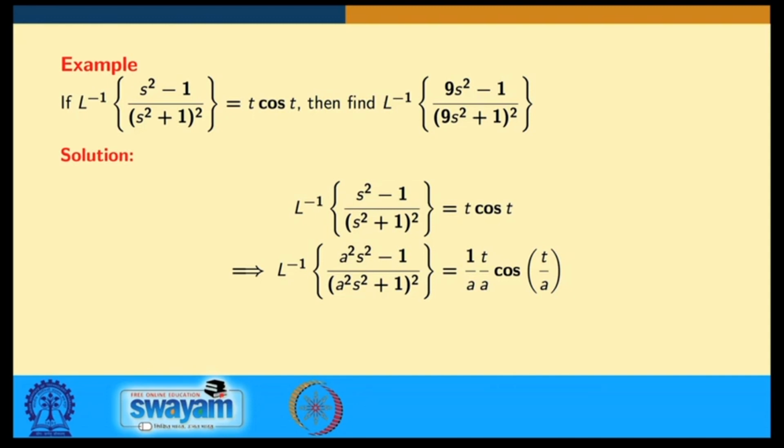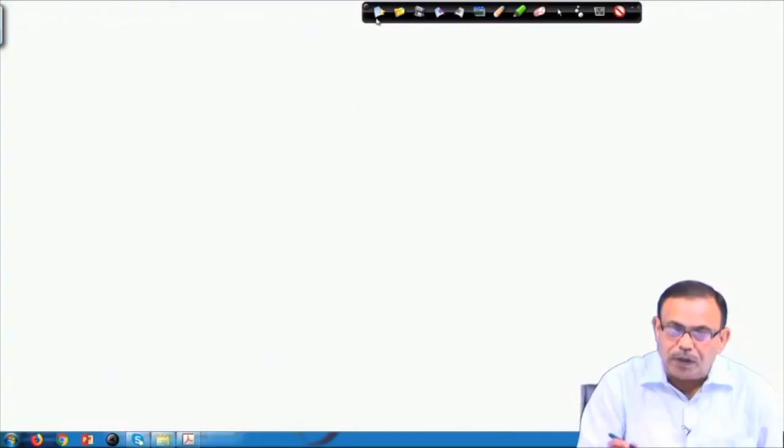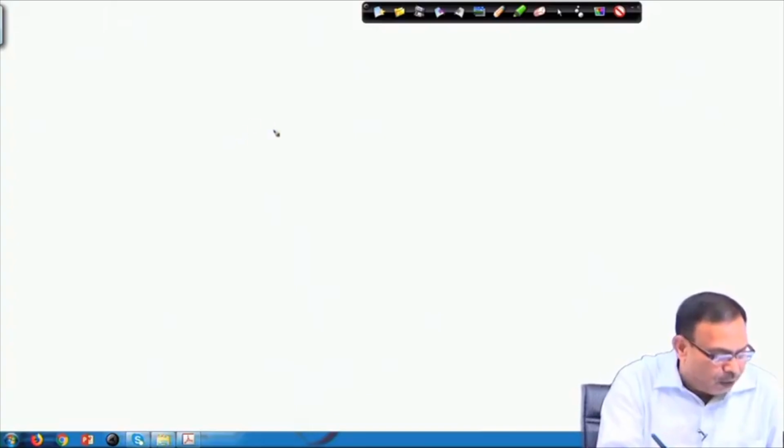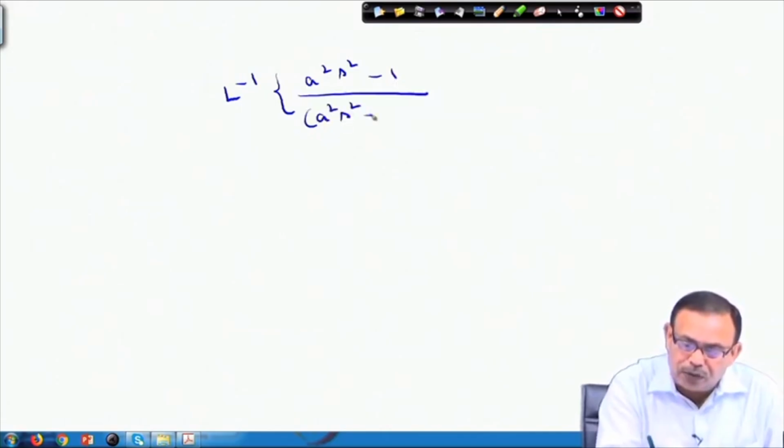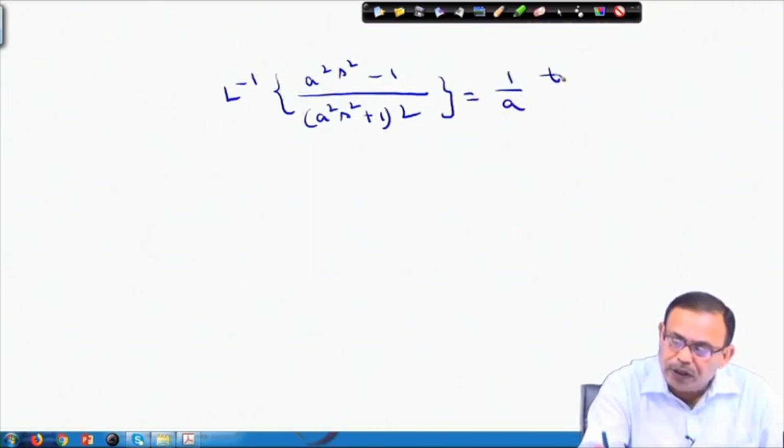So, on the earlier example, whatever I got, Laplace inverse of (s square minus 1) by (s square plus 1) whole square equals 1 by a, t by a cos of t by a.